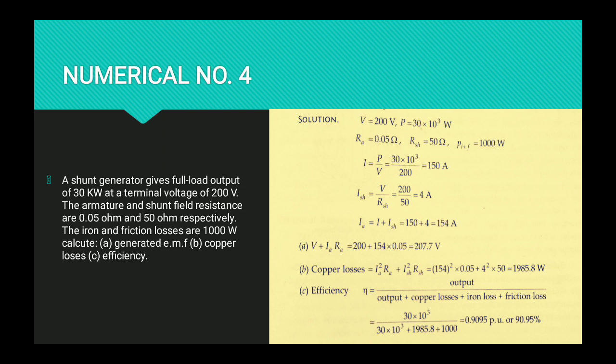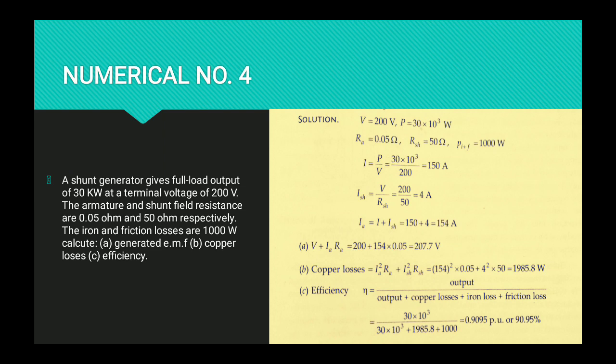And ISH equals to V by RSH. This is a shunt generator. So in case of shunt generator, the voltage drop in the shunt field is always equal to the voltage drop in the load circuit, equals to 200 by 50, that is 4 ampere.